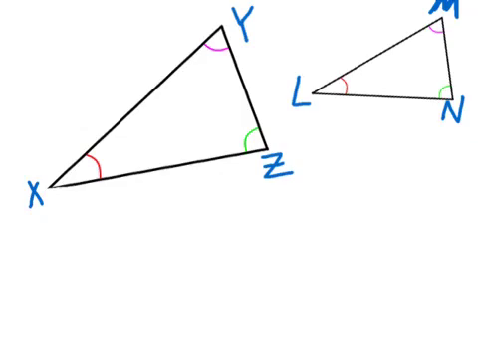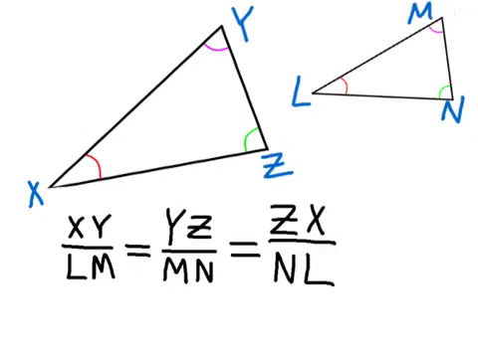Okay, example 5. Alright, before we said that similar triangles are going to have congruent angles, and they're also going to have corresponding sides with the same ratio. So that means side XY and side LM are corresponding sides.